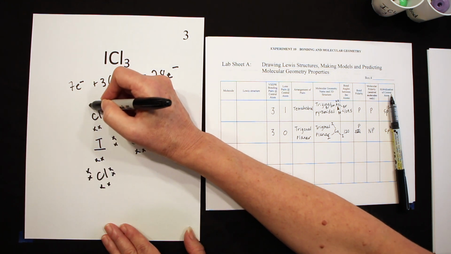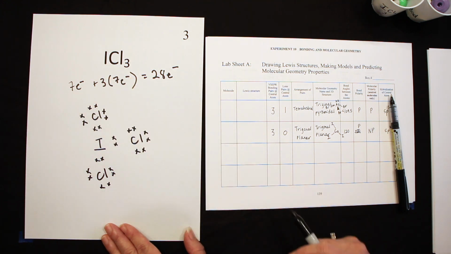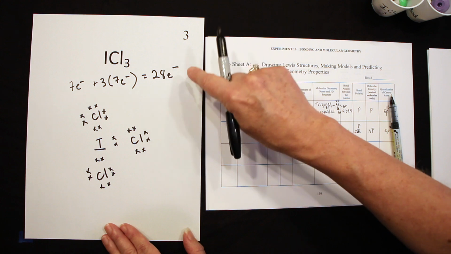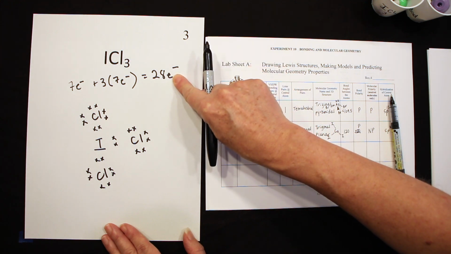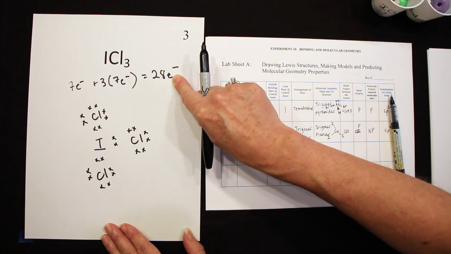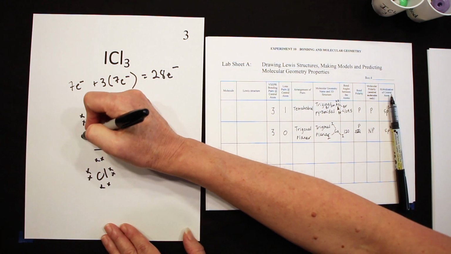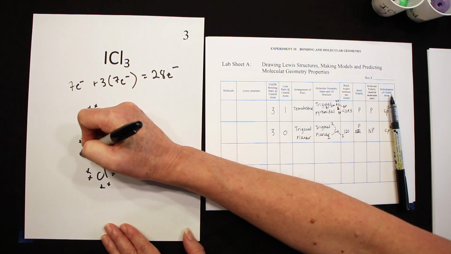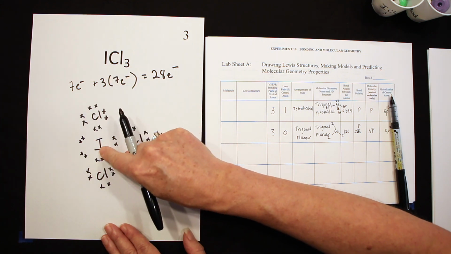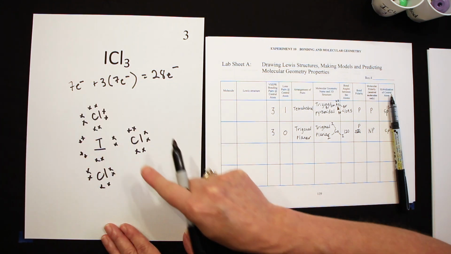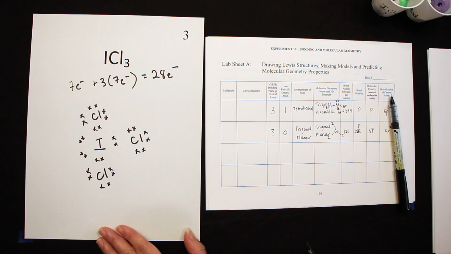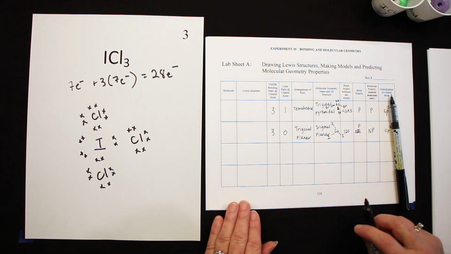And at this point, when you count up, you have 24 electrons. We need 28 in our structure, so what do I do with the extra 4 electrons? You put them on the central atom in pairs. Now this structure has 28 electrons.